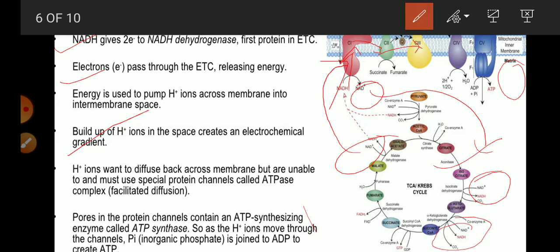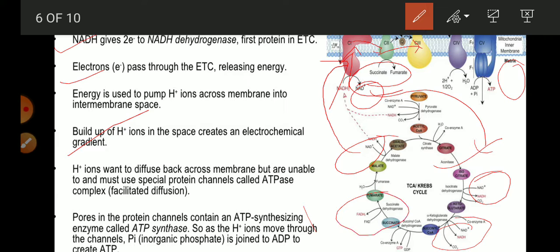The buildup of proton ions in the space creates an electrochemical gradient. Here succinate changes into fumarate by complex 2.